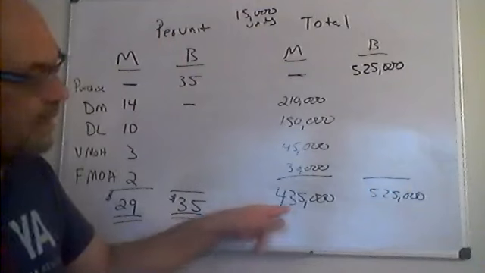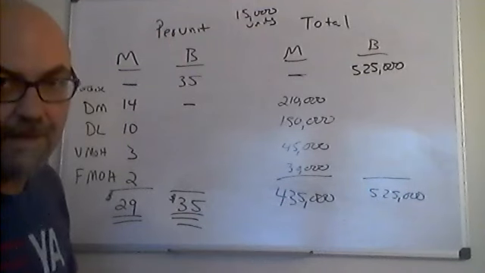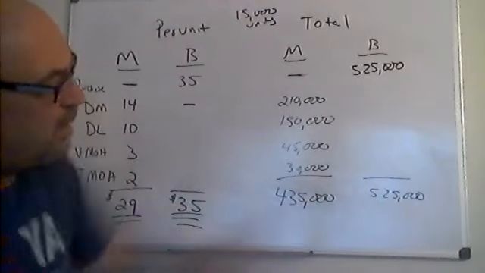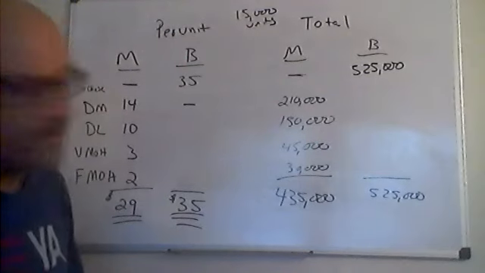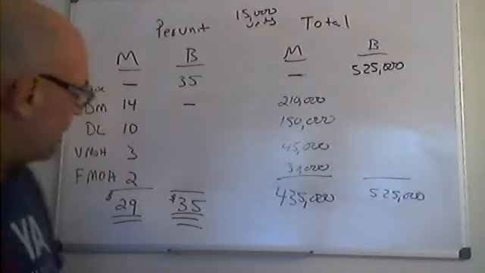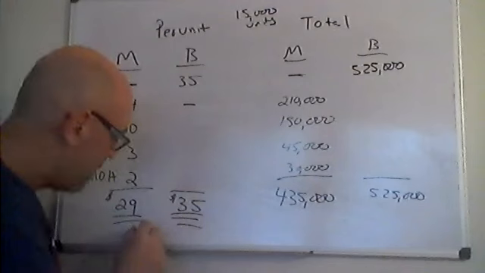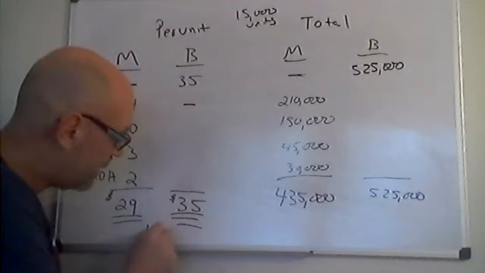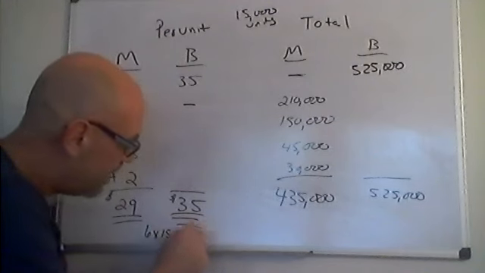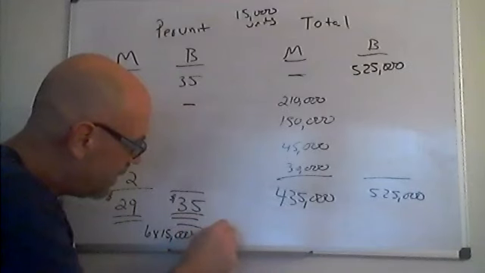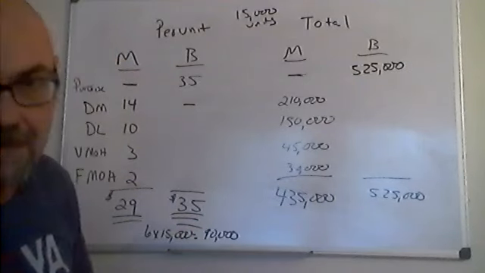You'll see our total cost if we were to make them was $435,000. If we were to buy them, it would be $525,000, a difference of $90,000. Or here, a difference of $6 times 15,000 units equals $90,000 in savings.